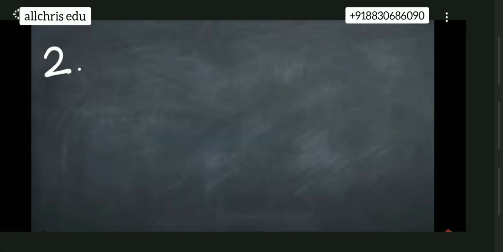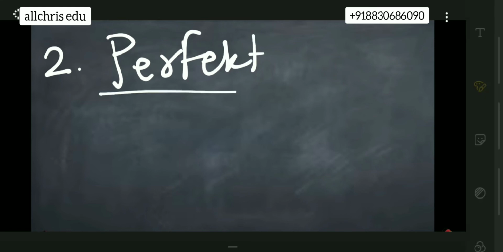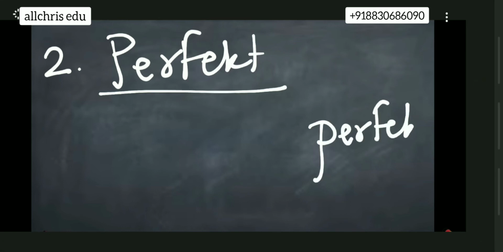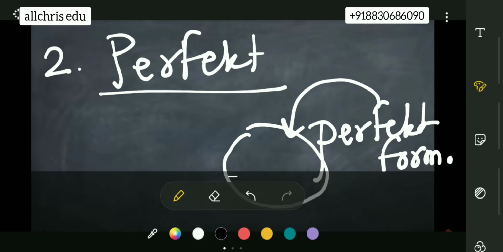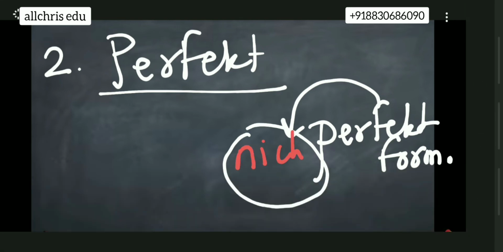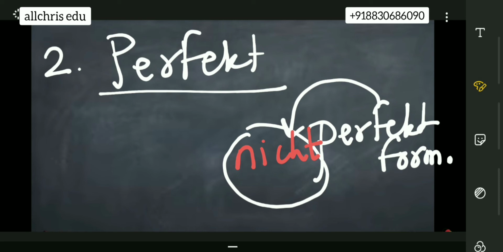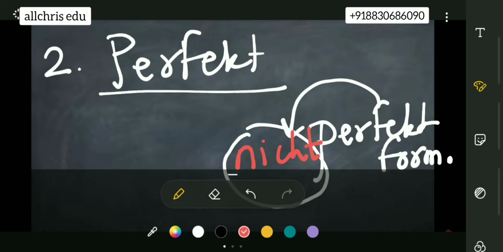Now the second thing I told you about the perfect form: whenever there is a perfect form sentence, normally the perfect form is at the end, so exactly before the perfect form you are going to put the word nicht to make that sentence or that particular verb negative. This is the second part. Now in this second part, as we have seen, there are two more parts, right? So the two more parts are in the second only.